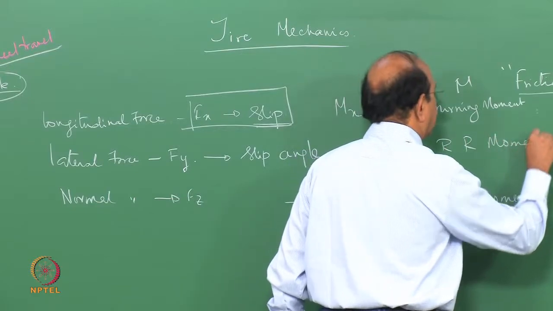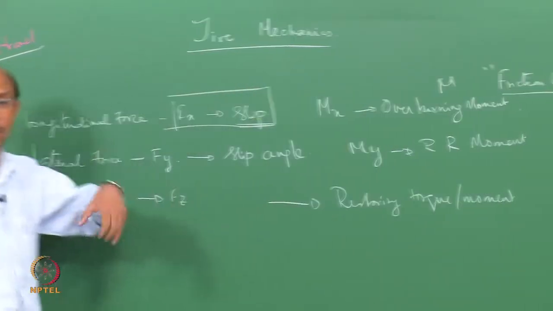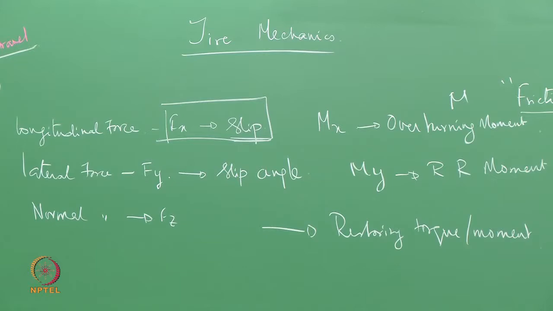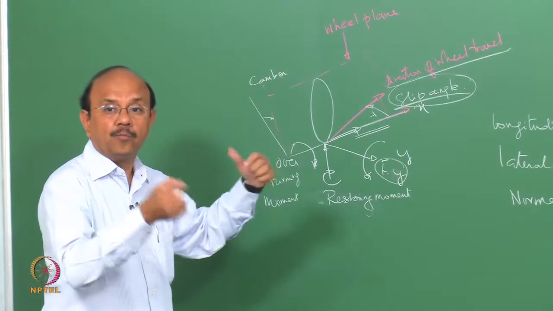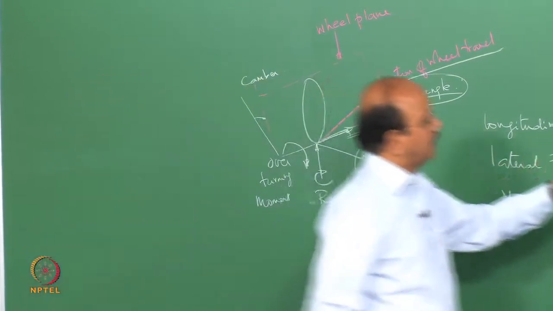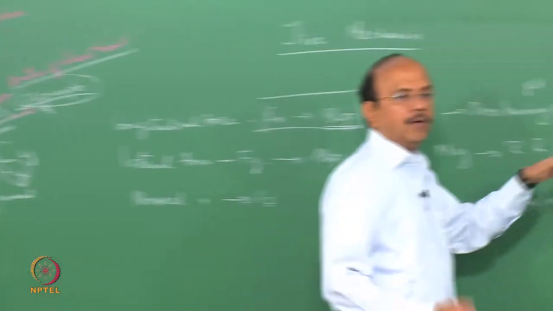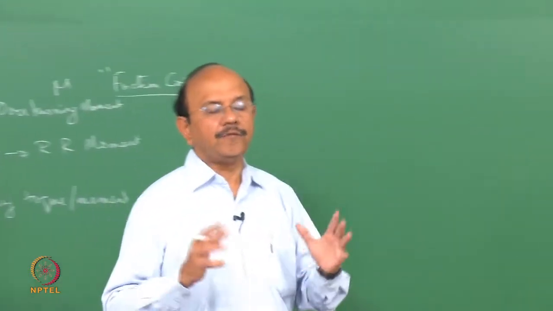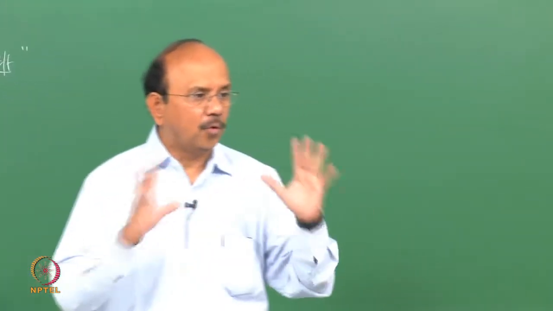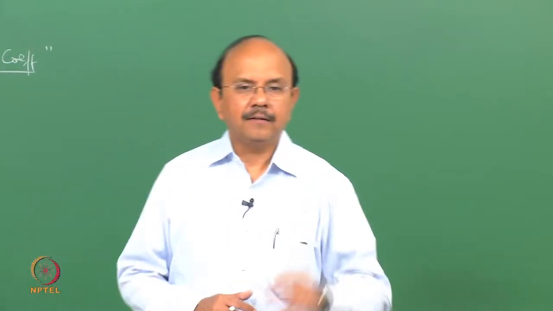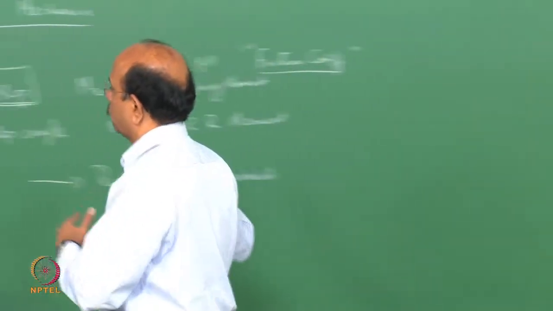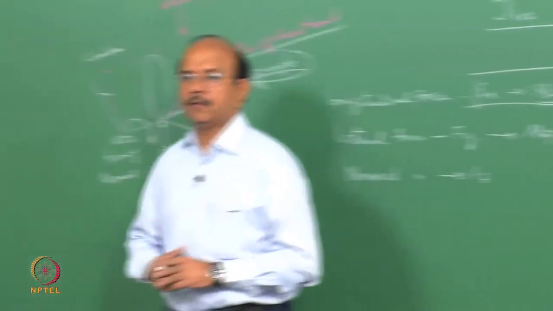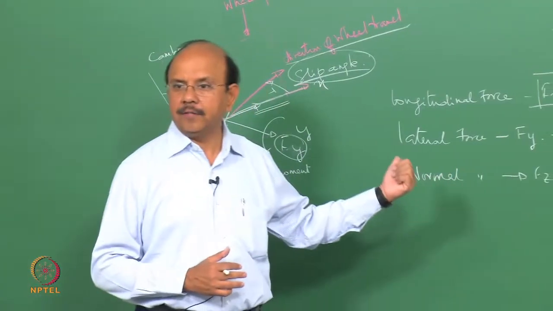We said that the moment or rolling resistance torque can be converted into a force that acts in the x direction. So we said that they are equivalent. You can't put both of them. Either there is a moment or there is a force. So when we analyze vehicle dynamics, the whole of the vehicle, then we replace the rolling resistance moment by means of a force in the x direction.